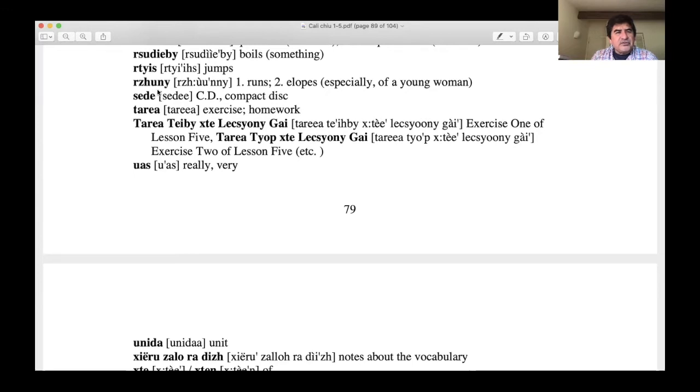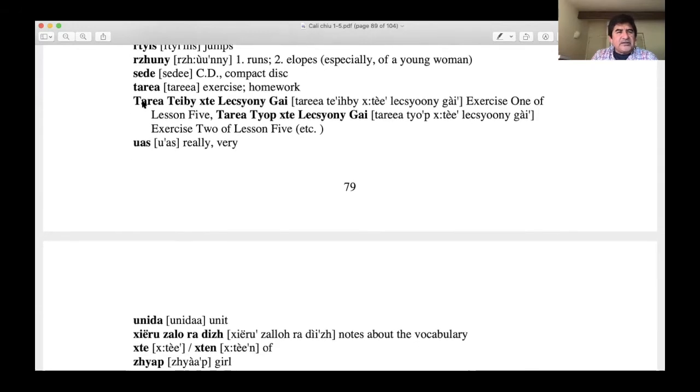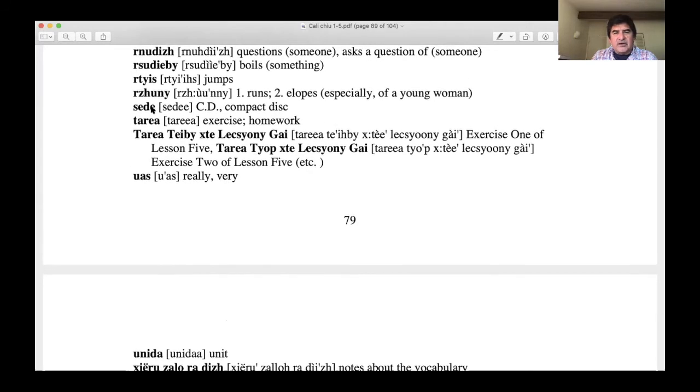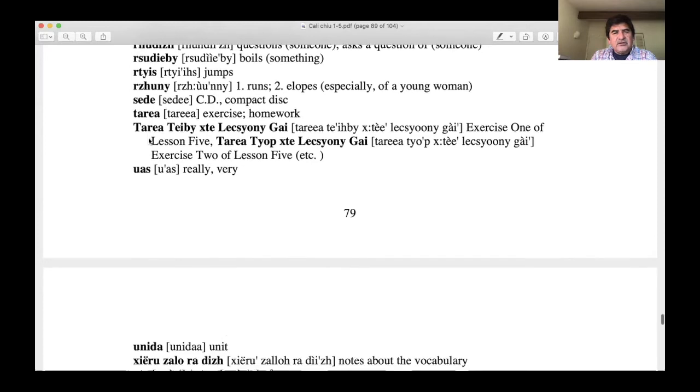Run. And a city we say sede. Homework, tarea. And we say exercise 1 of lesson 5. Tarea te lección gay. One more time. Tarea te lección gay.